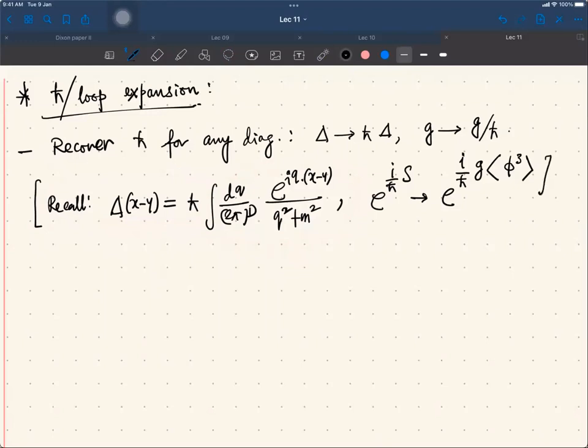Then we define what is called amputated diagrams.